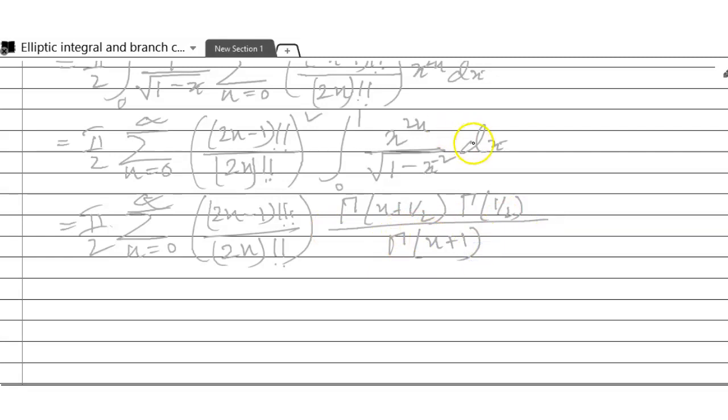This is the beta function, beta n plus half comma half.